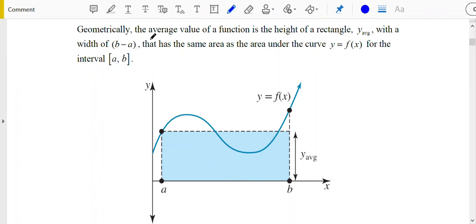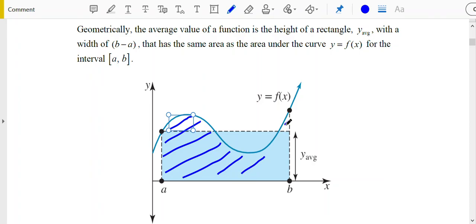But it has to have the same area as the area under the curve over the interval a to b. So think of just finding the area under the curve from a to b, which would be sort of all of this area that I'm shading right now. All of this would be the area under the curve from a to b.